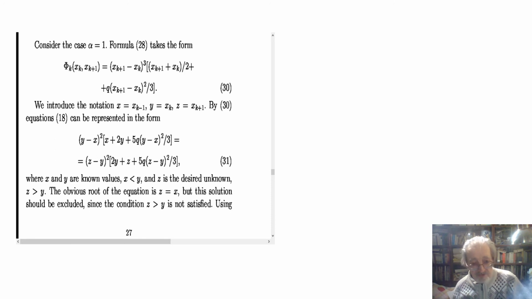The point is devoted to the adaptive choice of grid in the case of strong degeneracy. In particular, here we consider the case when P of x is equal to x. The result is a set of cubic equations that can be investigated.